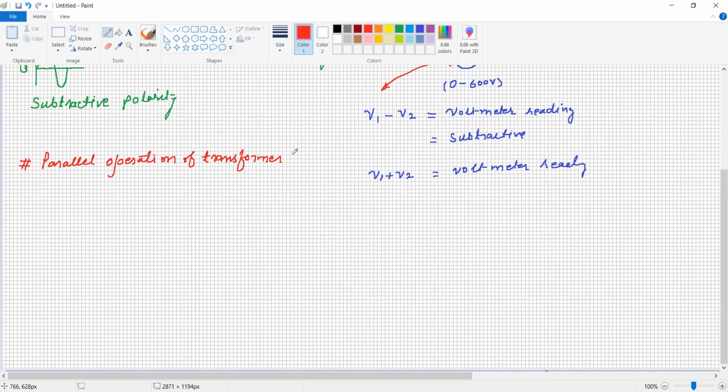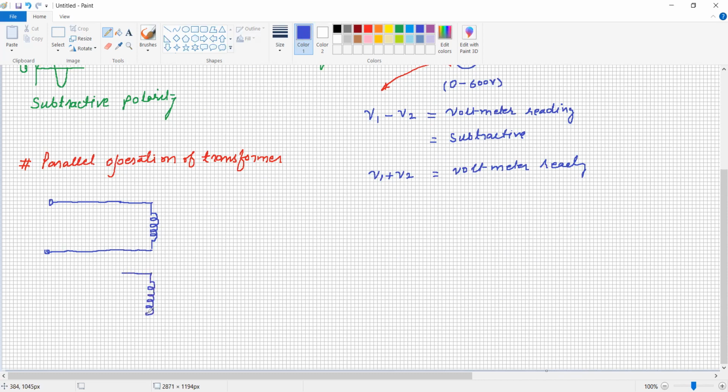It means that suppose there are two transformers whose primary winding is connected to the common supply. For simplicity, it is a single phase supply and single phase transformer, but same for the three phase transformer. The primary windings are connected to the common supply.